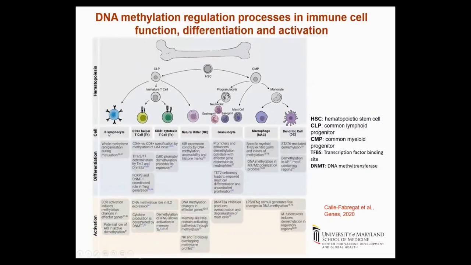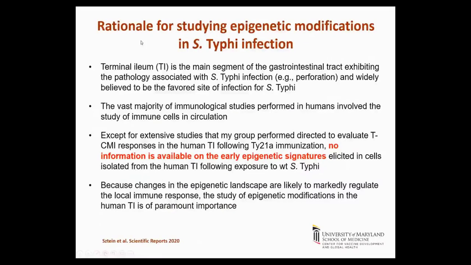And they include all cell lineages: the lymphocytes, CD4 helper cells, CD8 cytotoxic cells, NK cells, granulocytes, macrophages, dendritic cells. Taken all together, this points to the importance of epigenetic changes in the immune response.